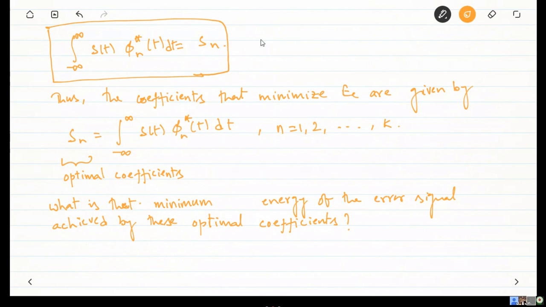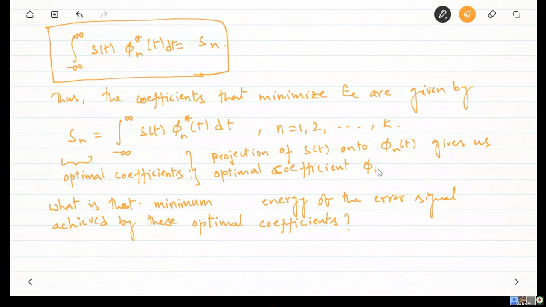This is nothing but the projection of s of t onto phi n of t, which gives us the optimal coefficient Sn.